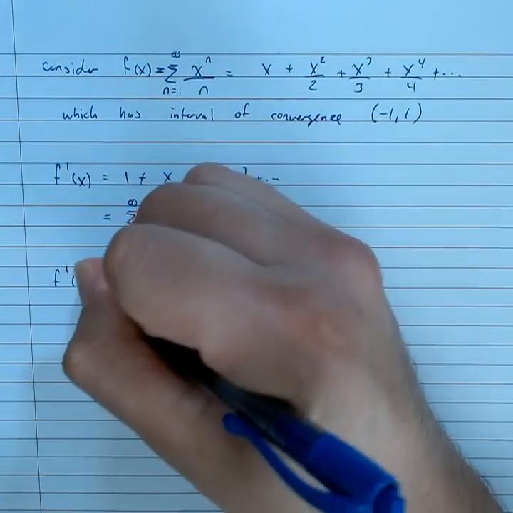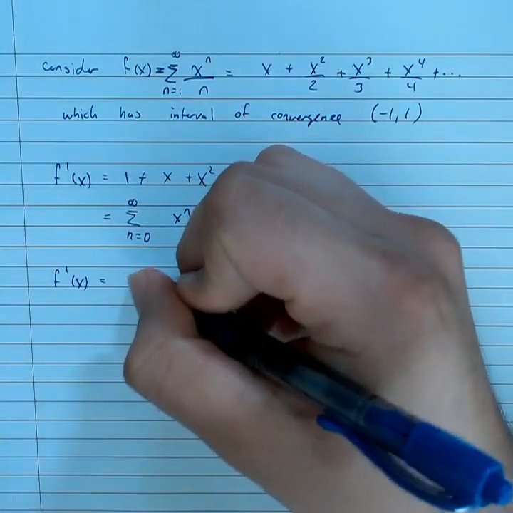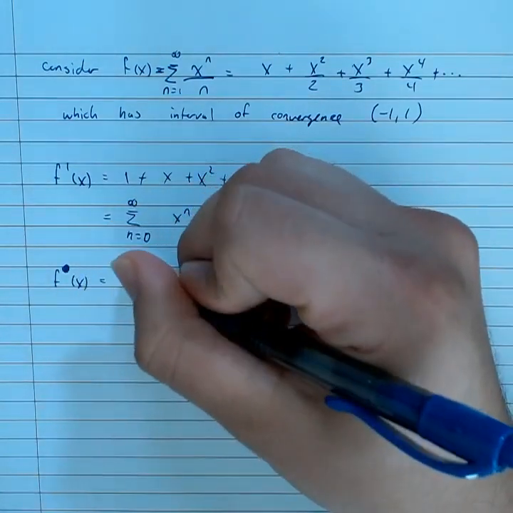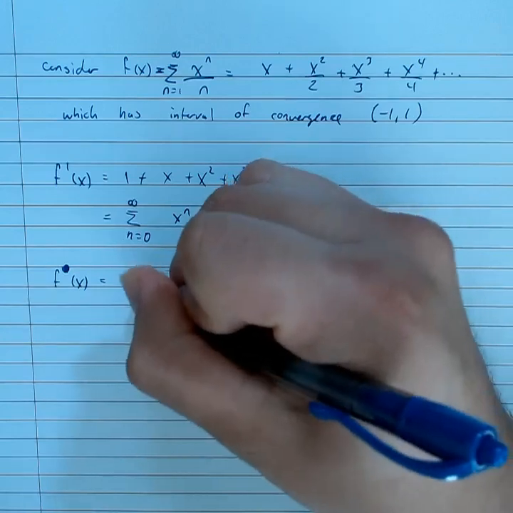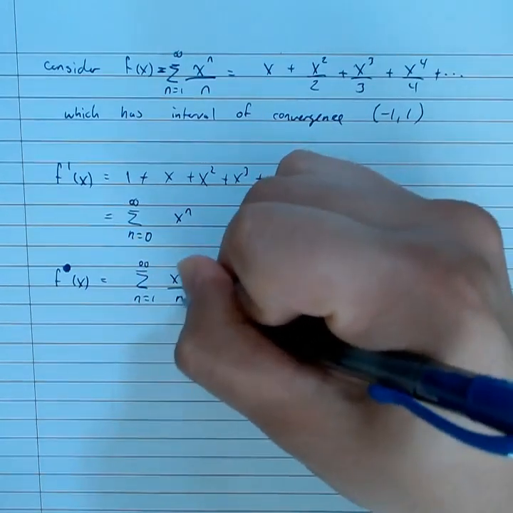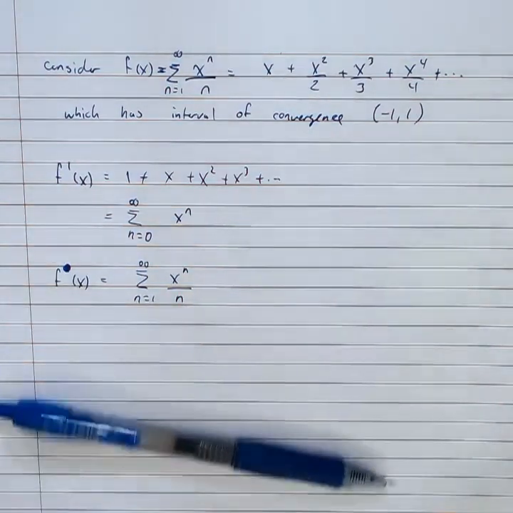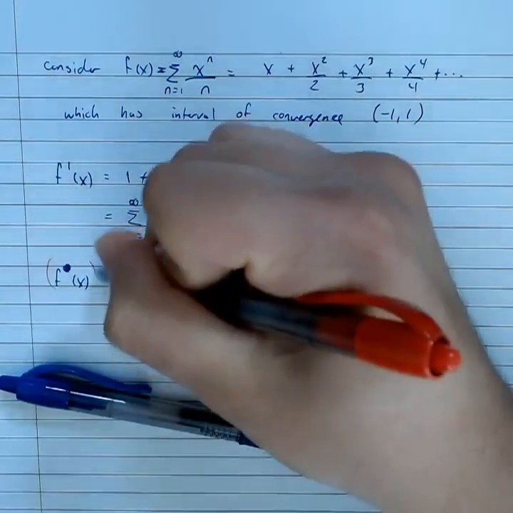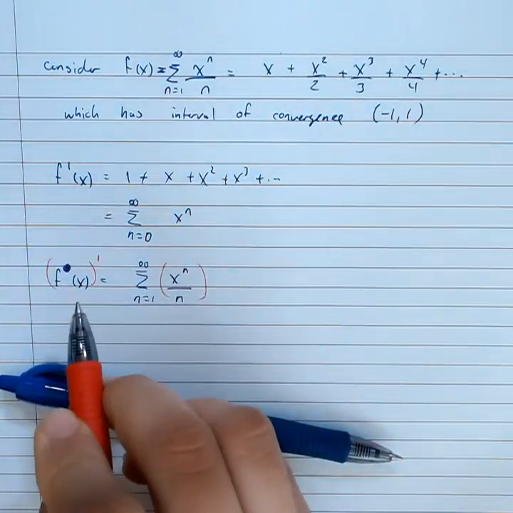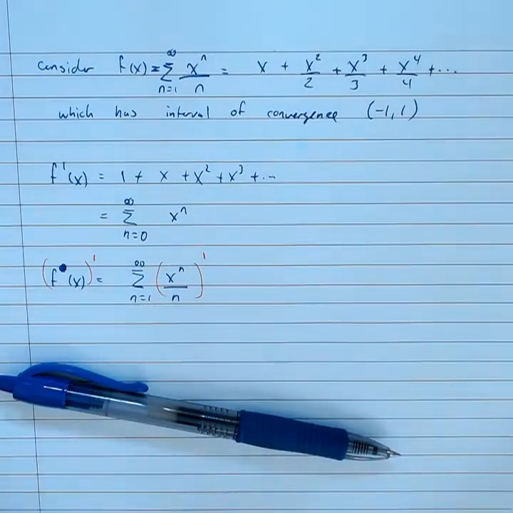So consider this. F of x is equal to the sum as n goes from 1 to infinity of x to the power n over n. Okay, so now let me take a derivative. Well, if I take the derivative of one side, I have to take the derivative of the other side.